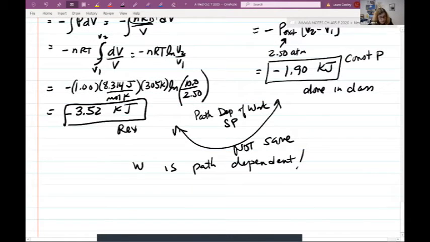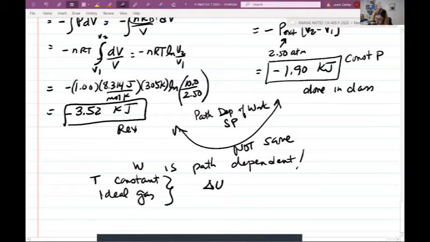And remember, I also told you that because the temperature is constant and it's an ideal gas, what was the change in internal energy in this problem?